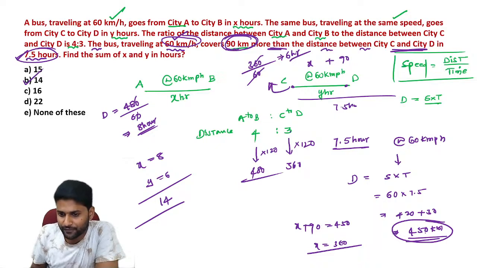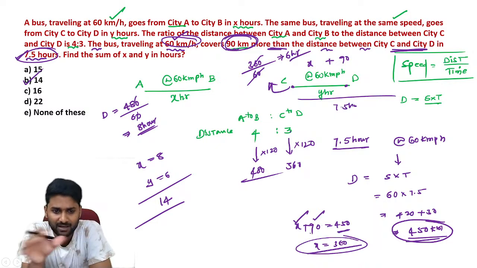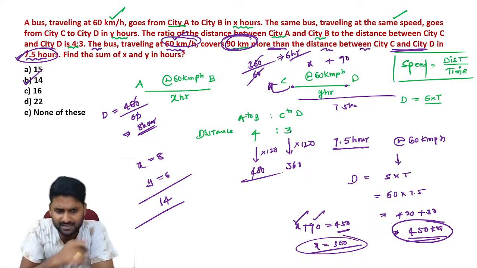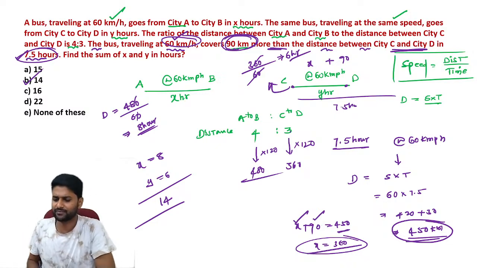Now 450 is 90 kilometers more than the distance between C and D. Let us assume the distance between C and D is X. In those 7.5 hours, it covered 90 kilometers more, so the total value is 450. Then X is equal to 360. Then we go for the comparison, and the total value of x plus y is 14. Is it clear? It's the most important point you should understand from this question.